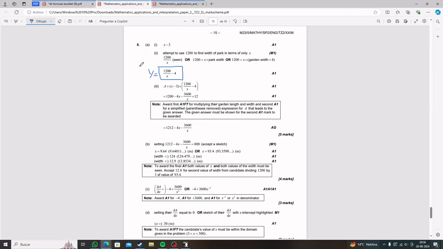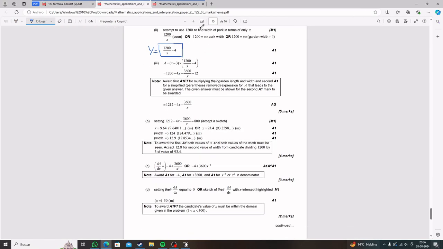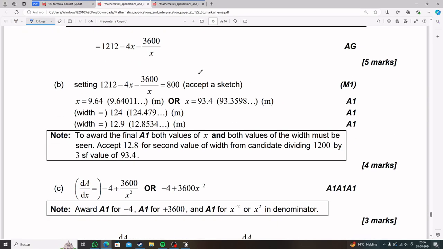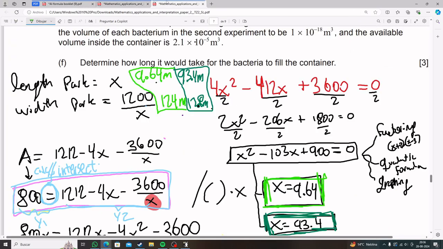If we check the answers over here, you can see both scenarios. On the one hand, you have the 9.64 or the 93.4. And so the widths are 124 or the 12.9. So as long as you express both scenarios, you're going to be good to go.